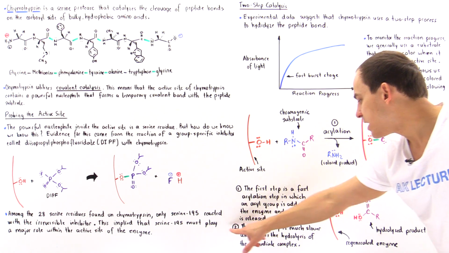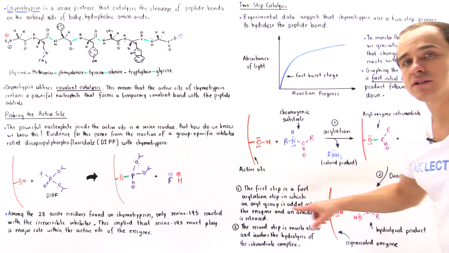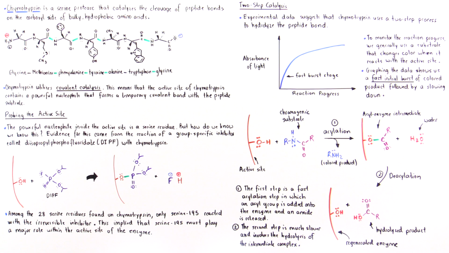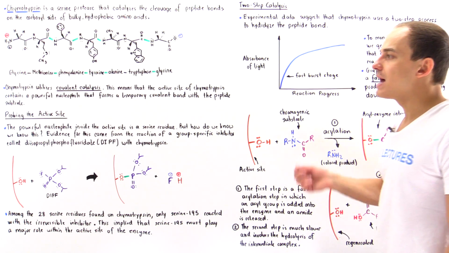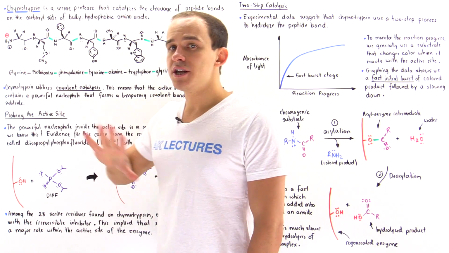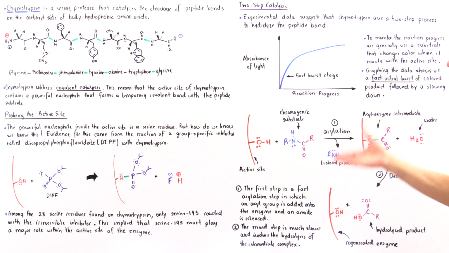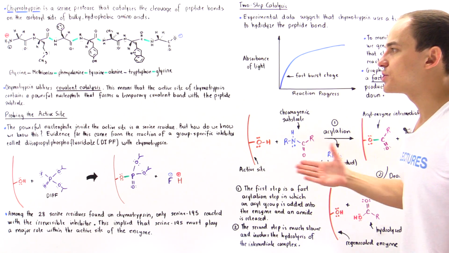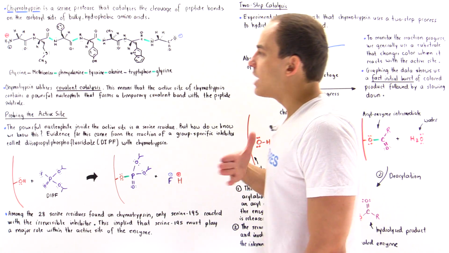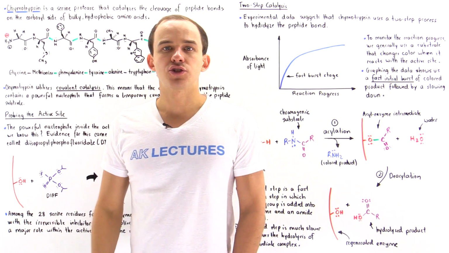And then the second step is a much slower step, and in this step, we basically break down the acyl enzyme intermediate by using water as a nucleophile, and then we regenerate that enzyme, and we form that hydrolyzed final product. Now, in the next several lectures, we're going to look at a much more detailed discussion as to what actually happens inside the active site and what the reaction mechanism actually is.